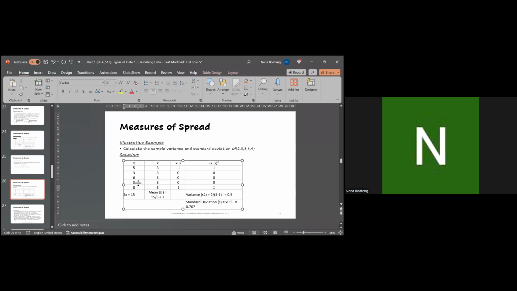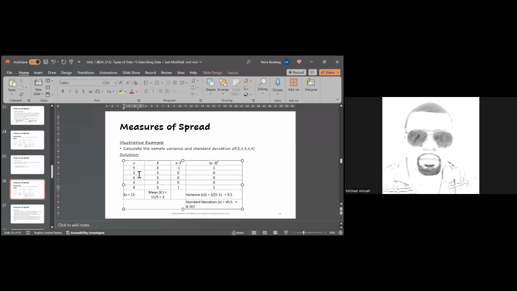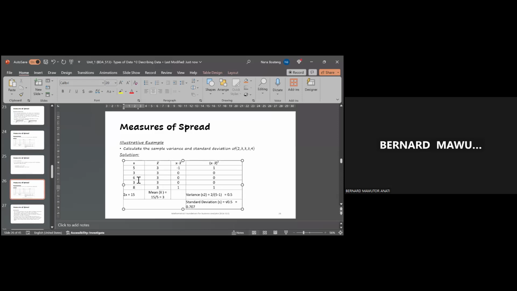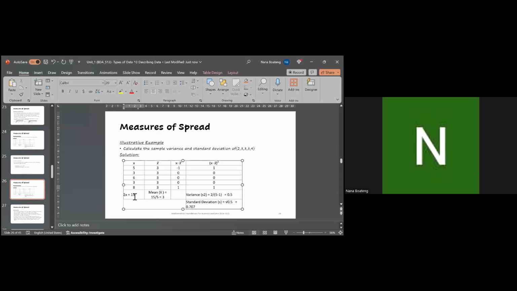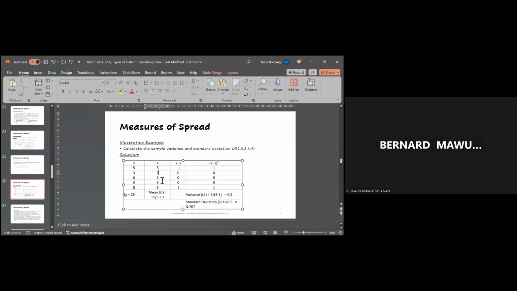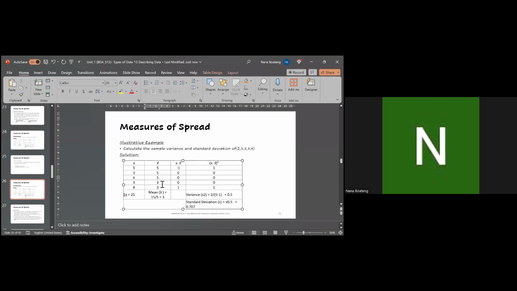When we add all this, what do we get? 5 plus 3 up to 8 is 25. So we have the summation of all this to be 25. Since we have 5 observations, the mean will be 25 divided by 5, isn't it? So our X bar is 5. So this will be 5, this will be 5, this will be 5, this will be 5.